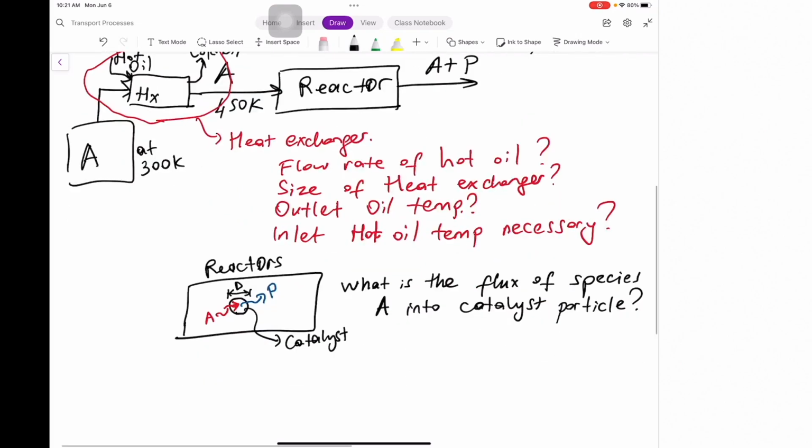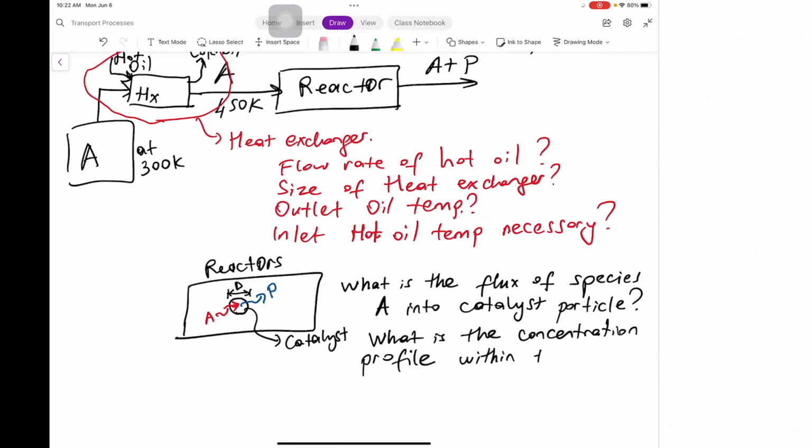And you should also be able to answer questions like, what is the concentration gradient profile, the concentration profile within the catalyst? That's something you should be able to do to model a reactor.